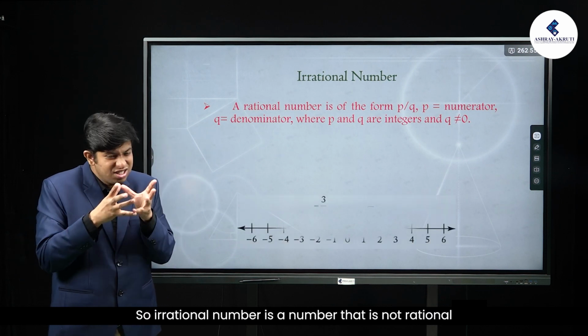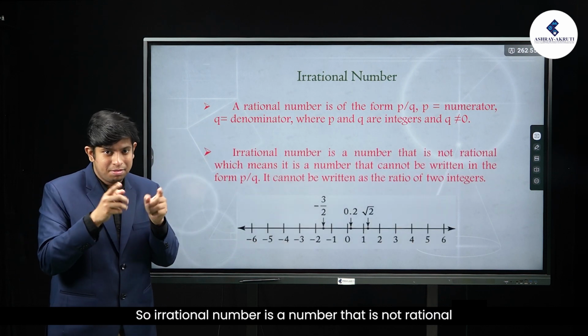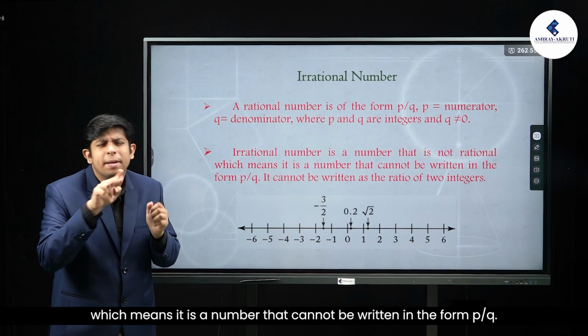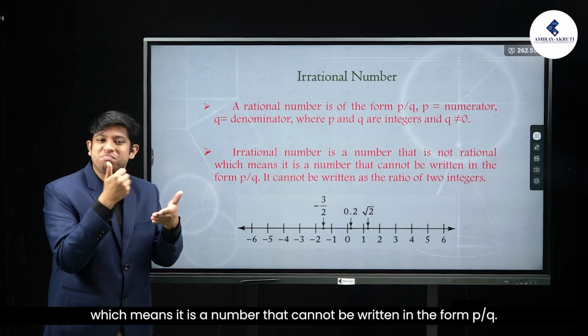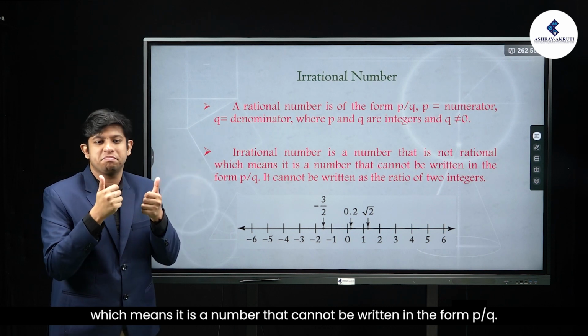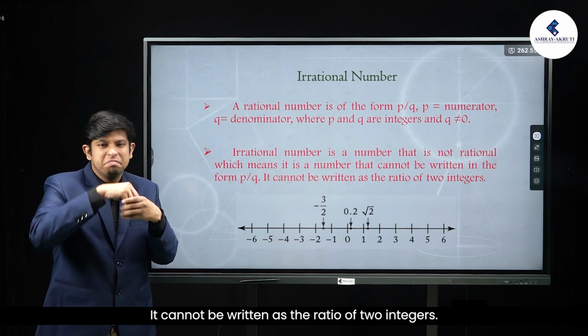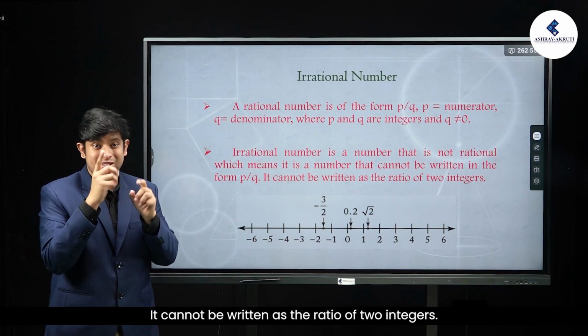So, an irrational number is a number that is not rational, which means it cannot be written in the form p by q. It cannot be written as the ratio of two integers.